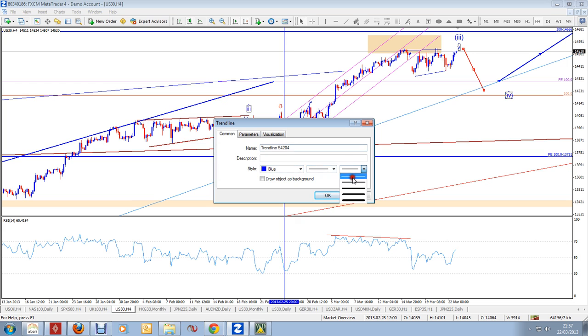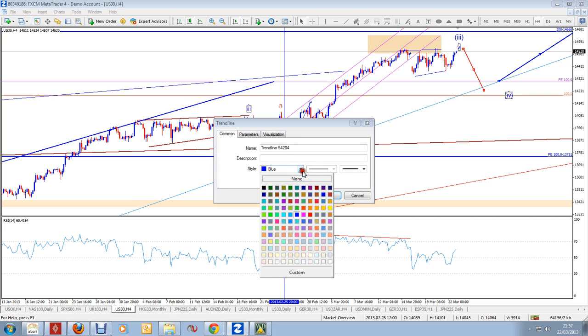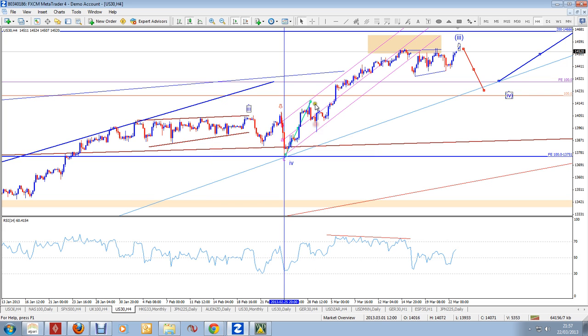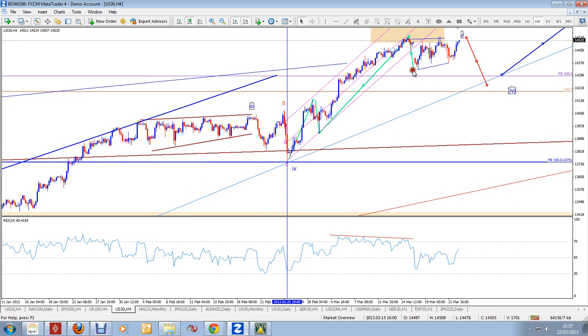is minor 1. Okay, then we've got minor 3 up to there, like that, and then this here is minor 4, this kind of A, B, C kind of 4, and now we are going back in to complete that leg up.